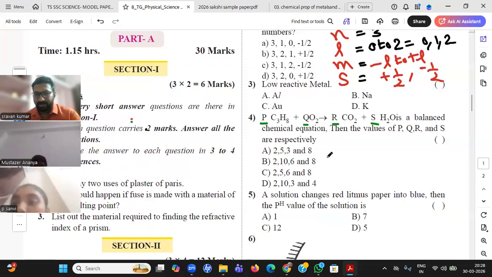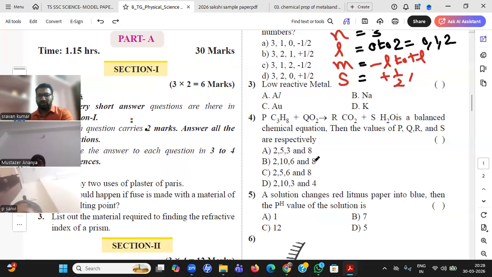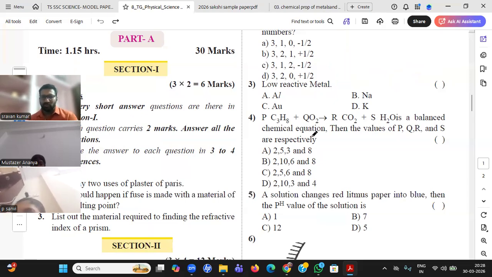Use your pen and paper, you will find the answers very easily. You have two options. Either you can equate the things and find the PQRS values, or you can use the multiple choice options to match. Both options are valid.